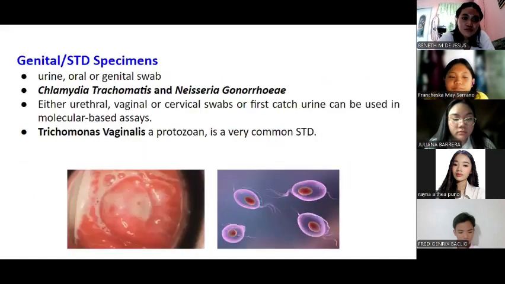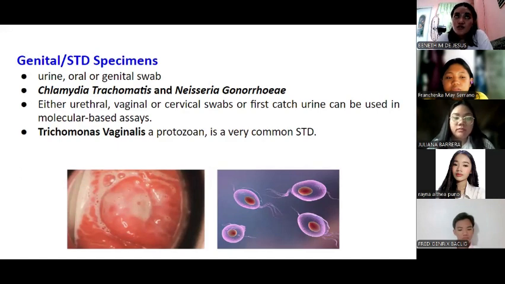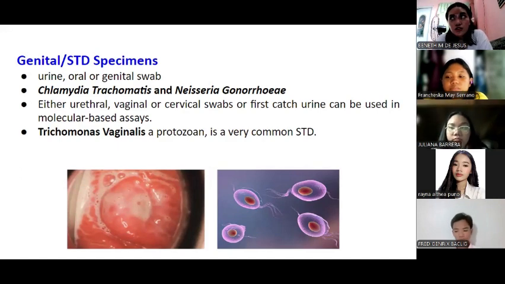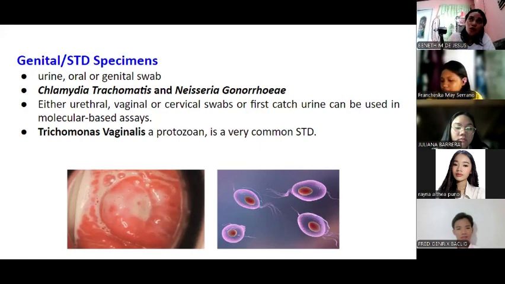Next slide, please. So, ito namang sa genital and STD specimens, urine or oral genital swab. Usual na ginagawa dito is nag-pap smear. So, sa pagpa-pap smear, is open siya using yung bakal. Papasok siya sa genital area ng babae, then kukuha na sample.